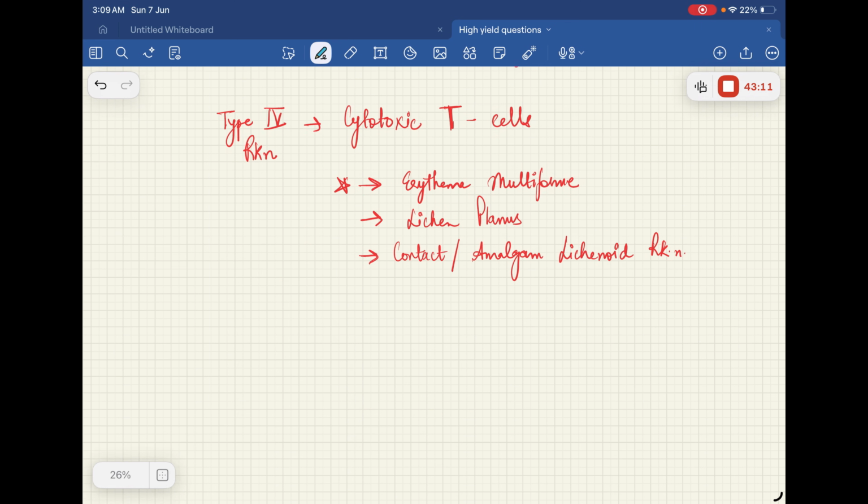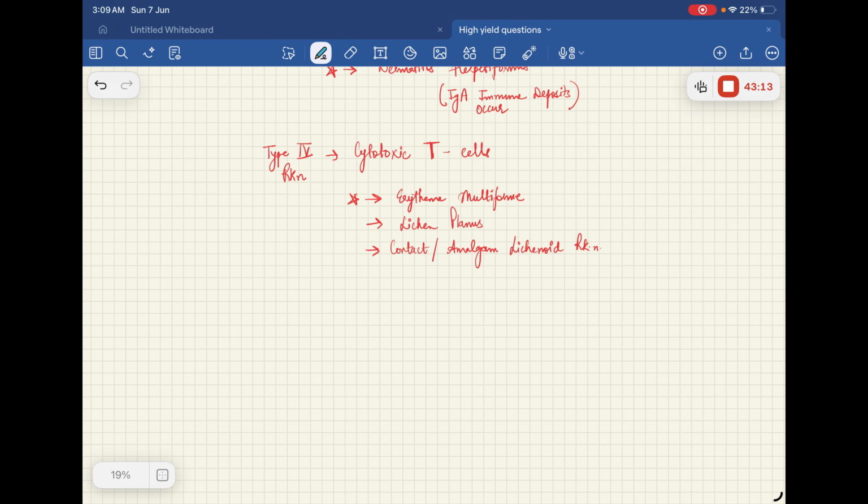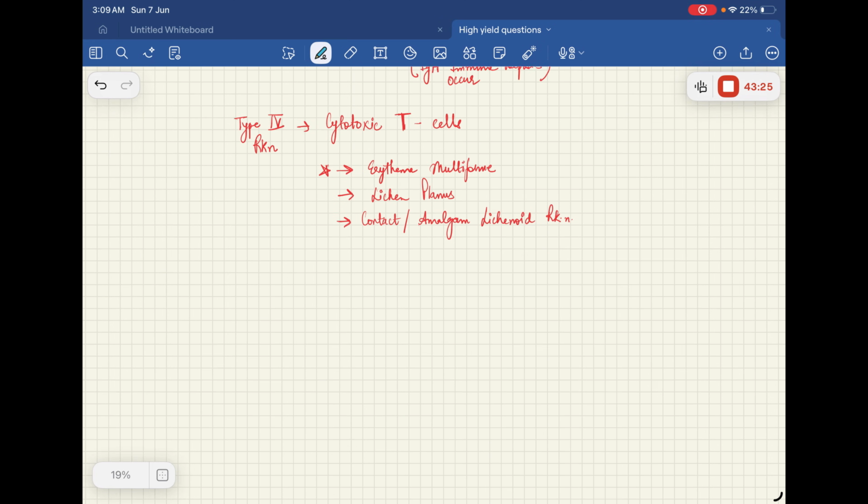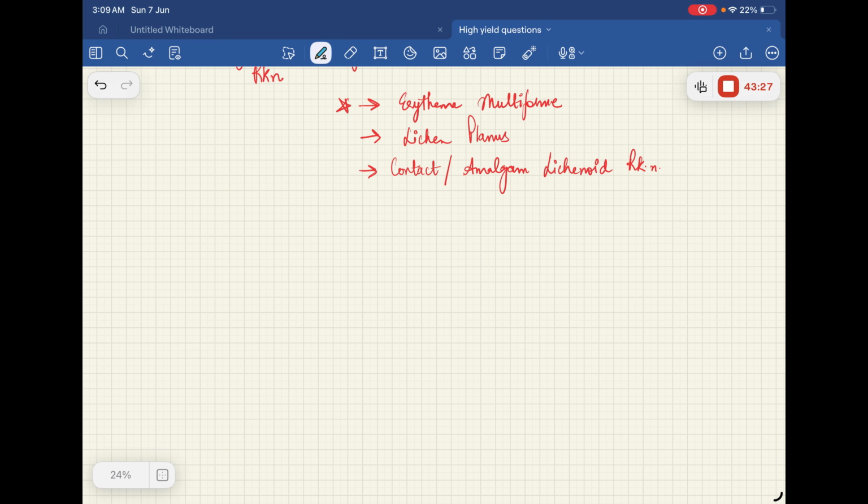Now, another important question that can come here is that we know that EBA falls under the type 2 reaction, right? Now they can ask that EB, epidermolysis bullosa, falls under which hypersensitivity reaction?